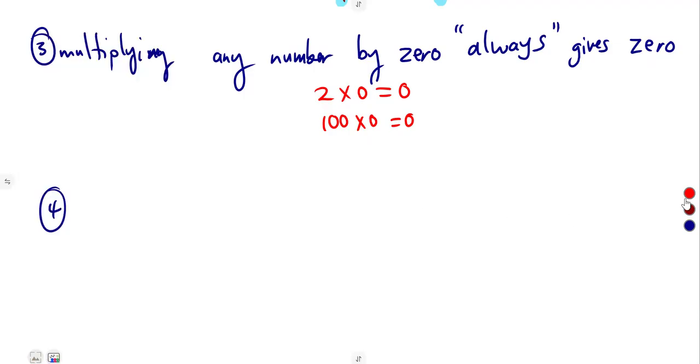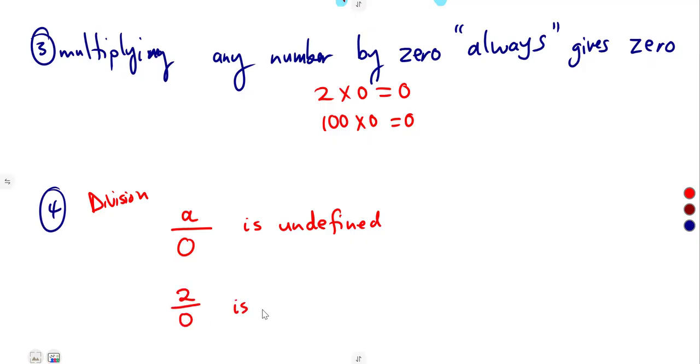So for division, any number divided by 0 does not exist. It is what? Undefined. 2 over 0 is undefined, it does not exist.